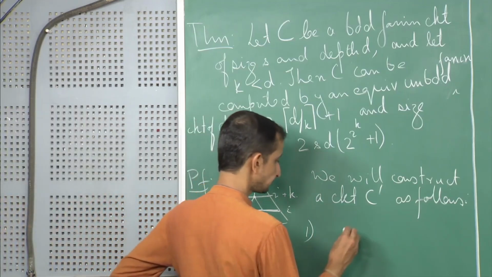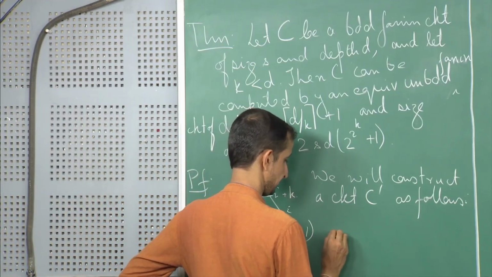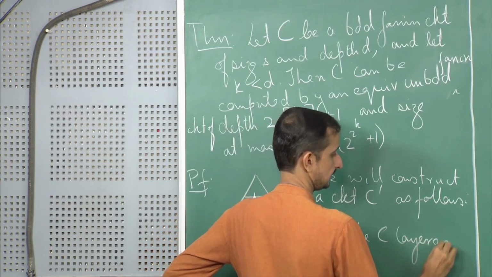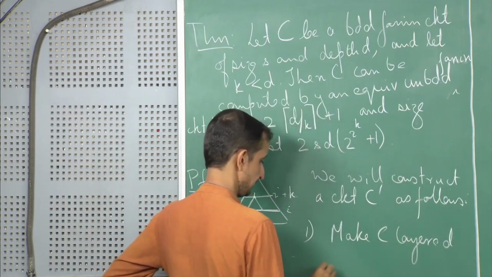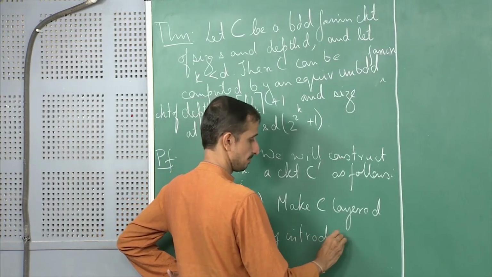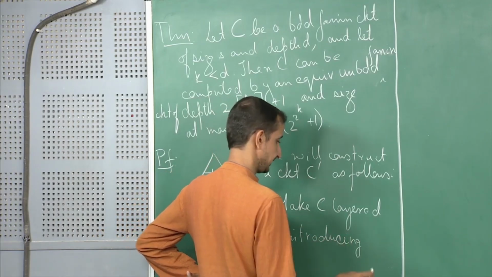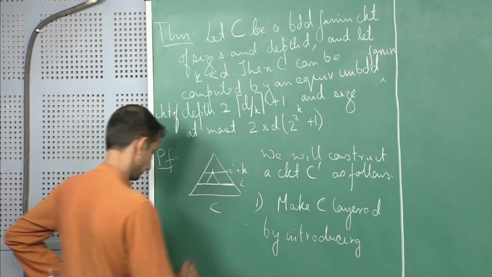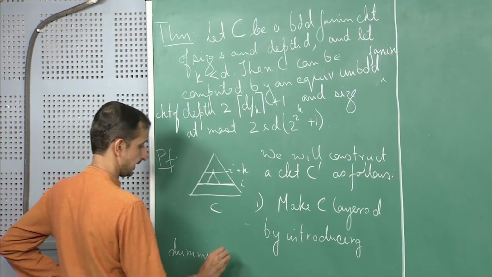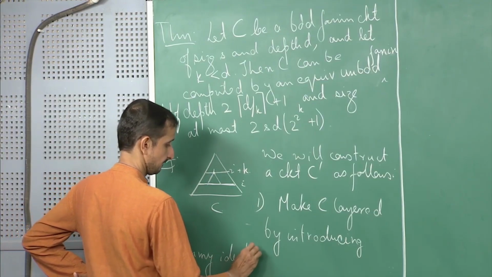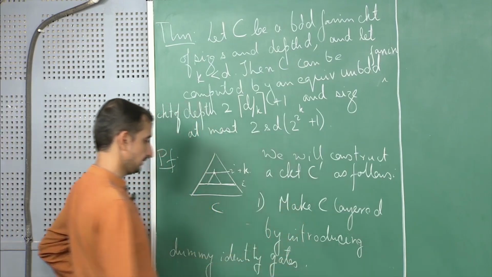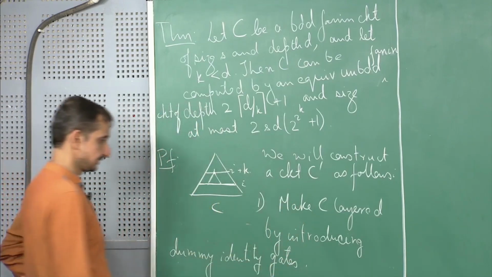Firstly, make C layered by introducing dummy identity gates.